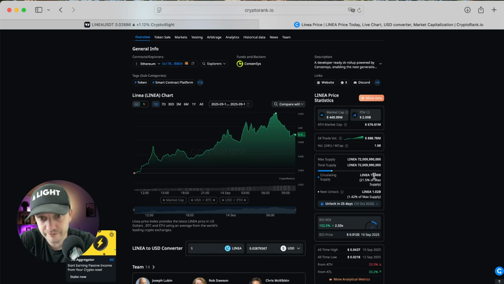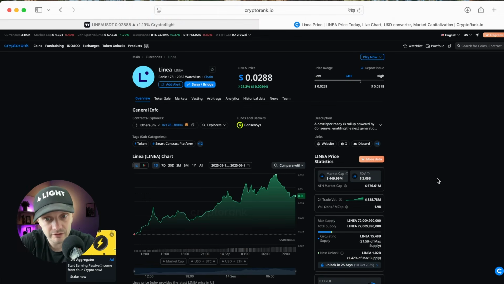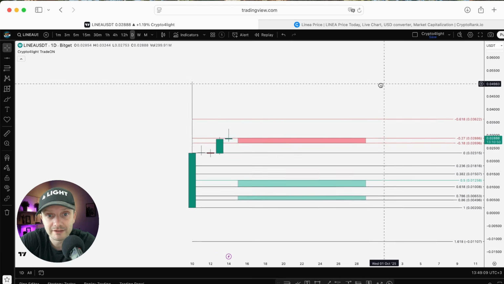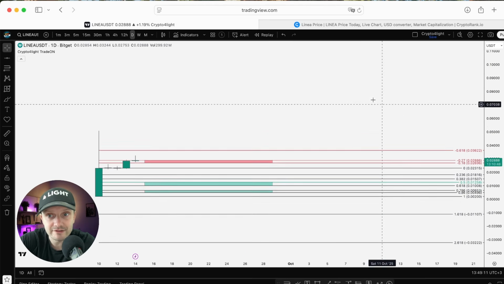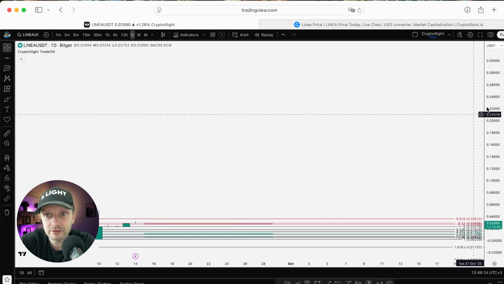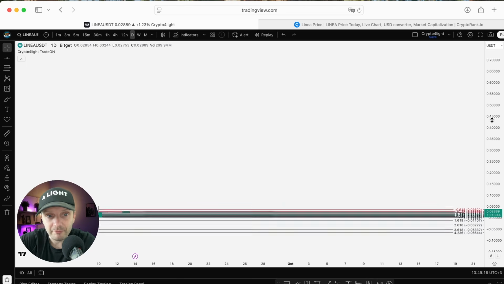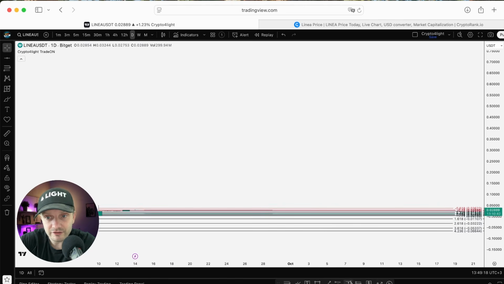So here, 15 billion supply. It means to hit $1, this is already unlocked. So to hit $1, Linea has to reach almost 16 billion market capitalization. Is it possible? Guys, everything is possible in crypto, but let's work with realistic gains. Here, for example, we talk about 15 billion market capitalization, just in theory. So approximately, let's say like here.